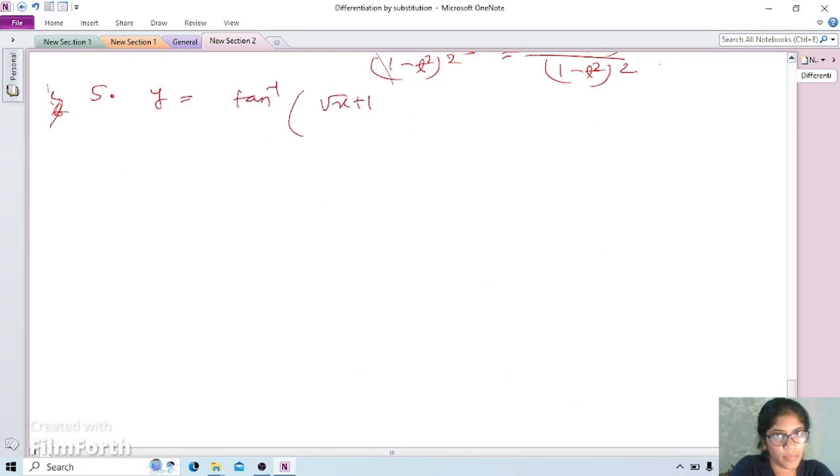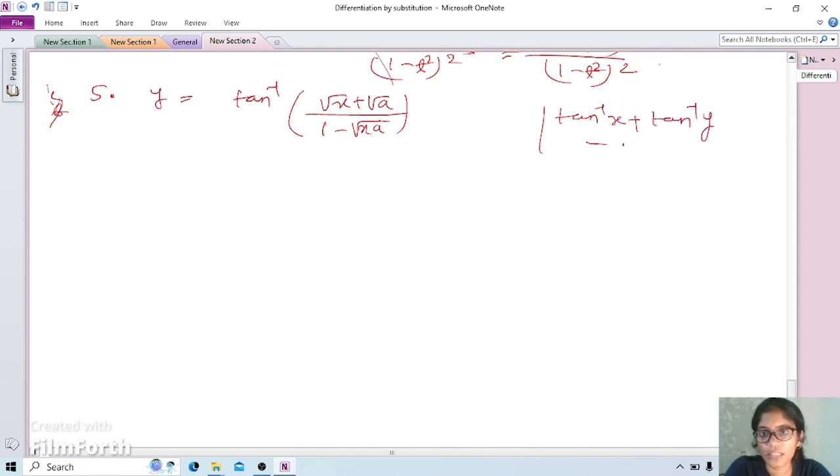Now y is equal to sine inverse of 2 tan theta divided by 1 plus tan square theta, which equals sine inverse of sine 2 theta. This is the formula of sine 2 theta.